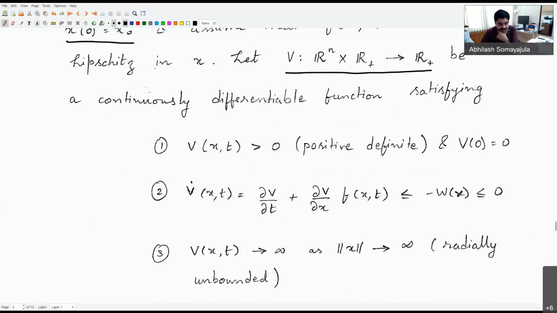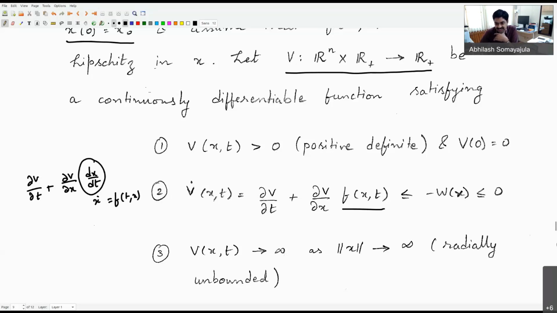of differentiation. That is what leads us to this first term, del v by del t plus del v by del x times dx by dt. And this dx by dt is x dot, which is equal to f of t comma x, and that's why you get this term right here.